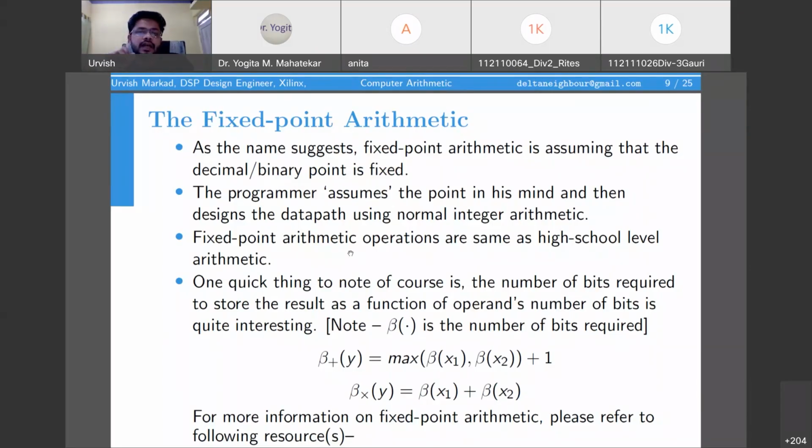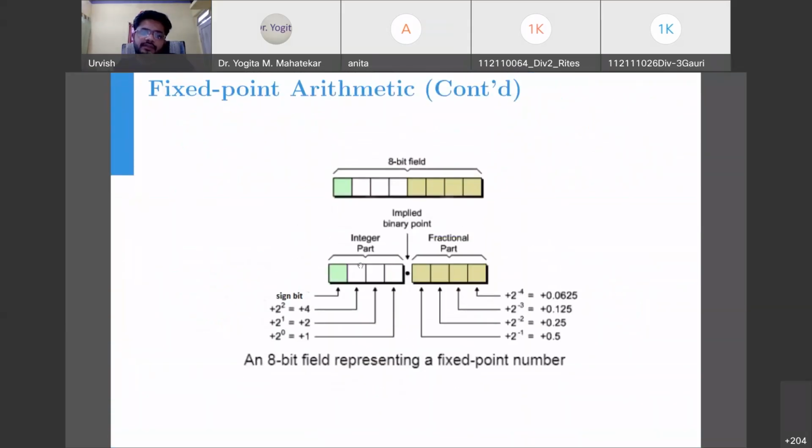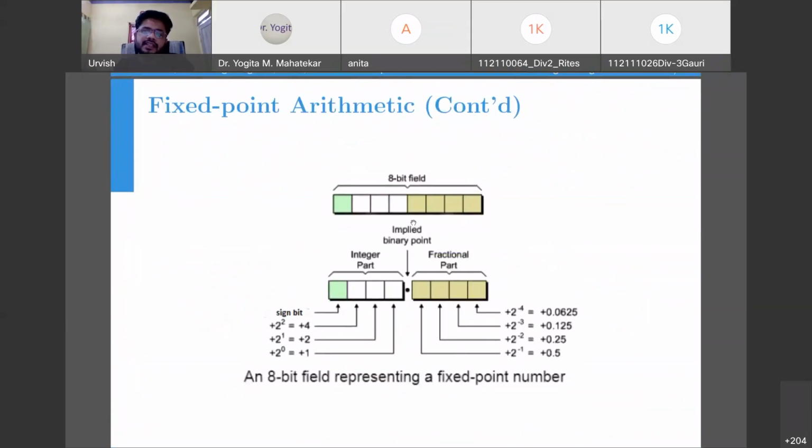Let me give you an example. Particularly with fixed point, the binary point is not stored anywhere, but it is stored in the head of the programmer. Because it is fixed point, he assumes a particular scale. If I give you a bunch of numbers and say they're all in fixed point, what I mean is that they're all divided by 10 raised to something, maybe 10 raised to 2.